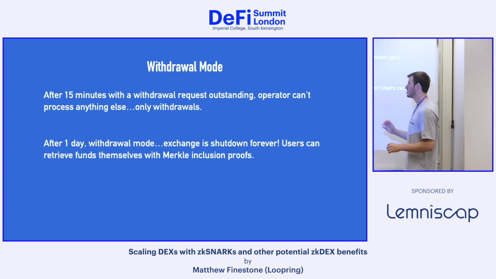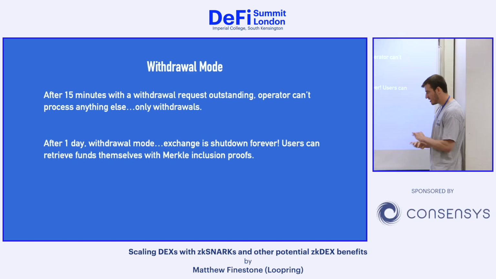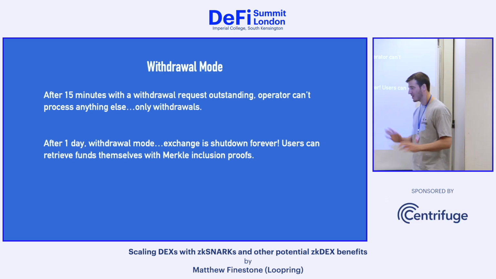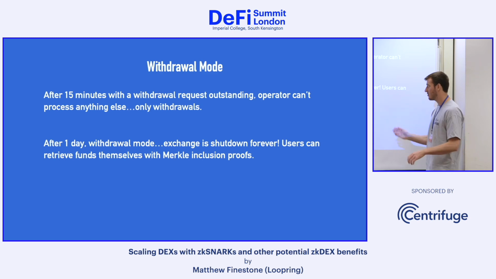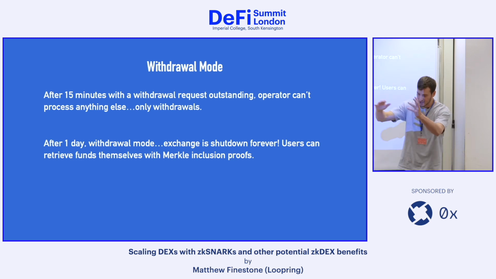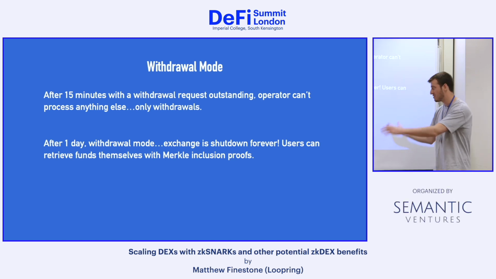The exchange is shut down. His game is over. He loses his ability to do anything. The contract's shut down. He could restart a new one, but you literally have to tell all your users, with all the hassle of migrating. So it's shut down after 1 day.